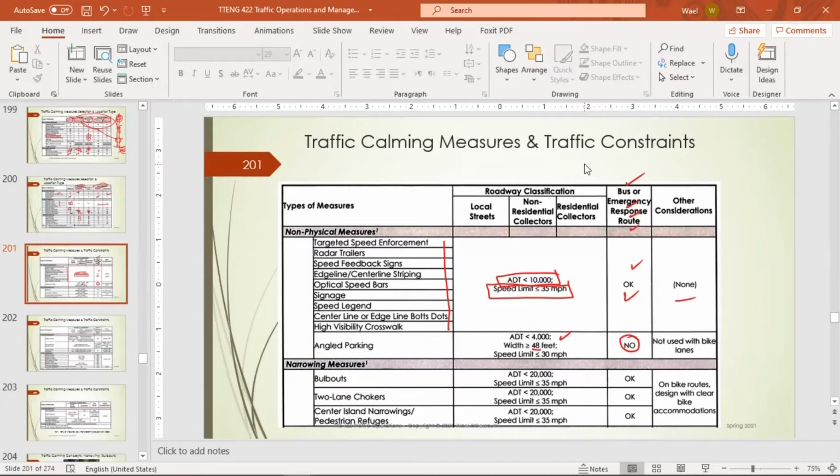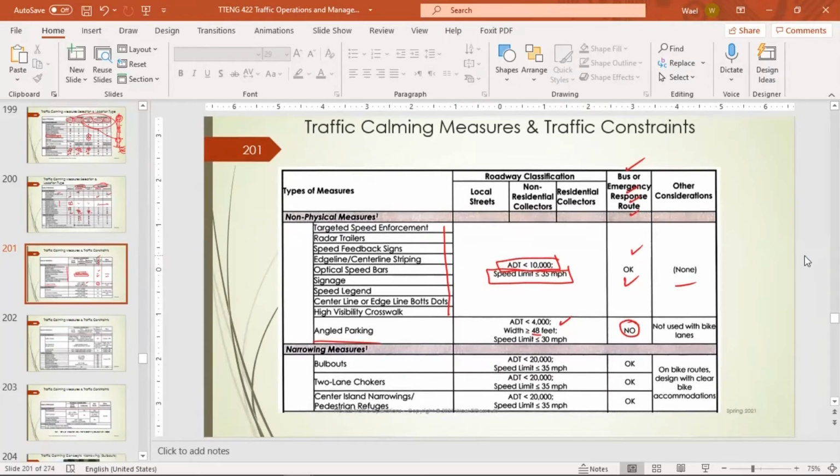Meaning if this is on a road with buses or an emergency response road, don't use angled parking because it has the potential of blocking the route or blocking the street. Okay, bulb outs, narrowing measures.